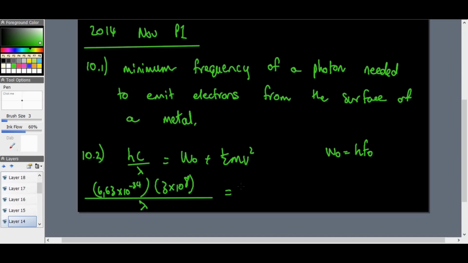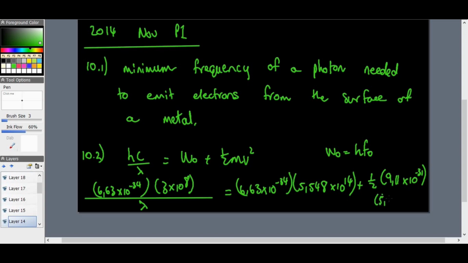So we're going to use this formula in place of that: 6.63 times 10 to the negative 34 times 5.548 times 10 to the power of 14, plus half mv squared, half the mass of an electron, 9.11 times 10 to the power of negative 31, all multiplied by the speed, which they gave us there, 5.33 times 10 to the power of 5, all squared.